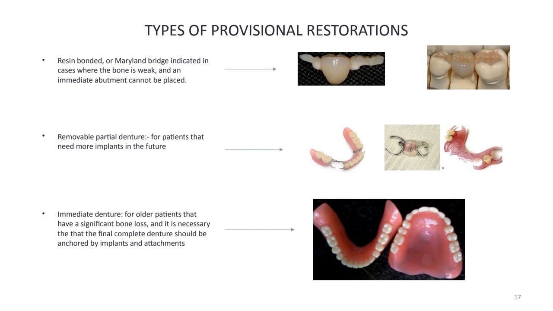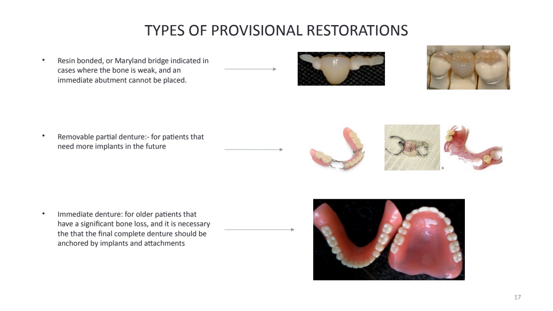We can fabricate a flipper, which is a short temporary restoration that's used for a few weeks or months, and then either the final restoration is done, or a new fixed partial restoration is done, and also the dentures.